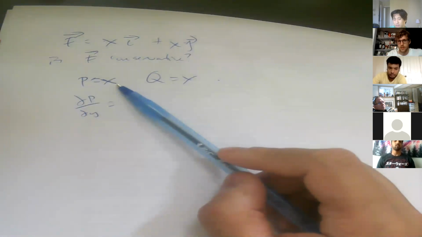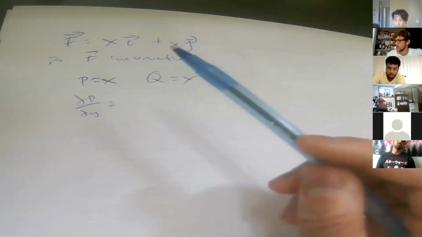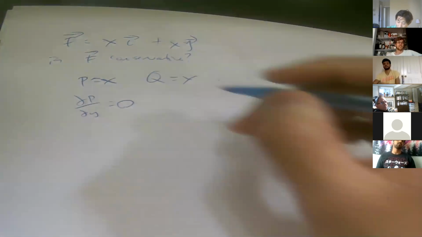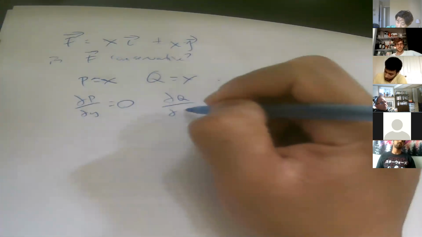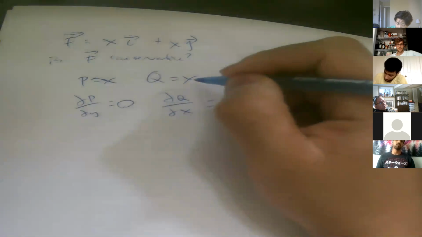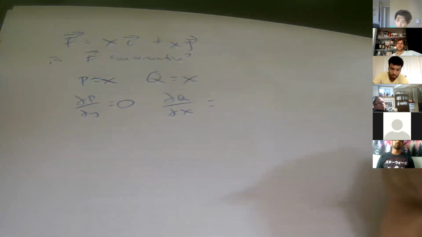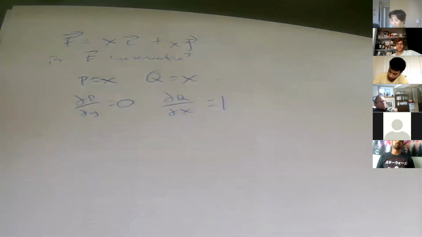Just x, or 0. This has no y's in it. dq/dx is 1. Is this vector field conservative? No, not conservative, because those aren't equal.